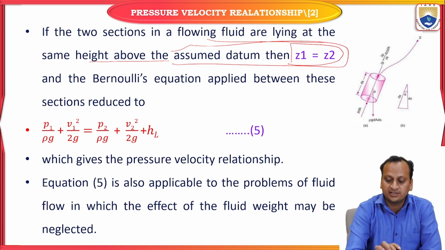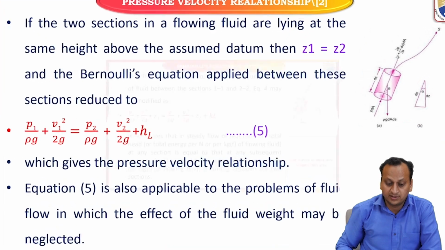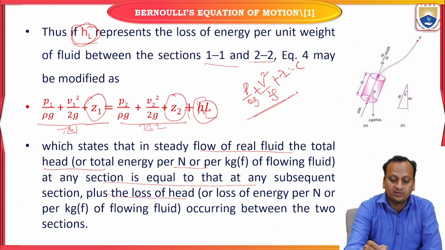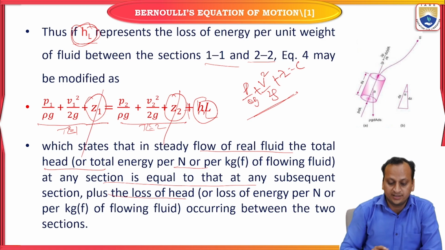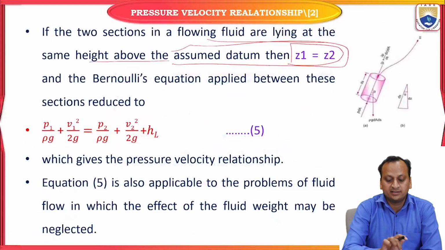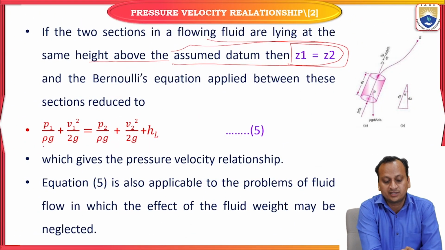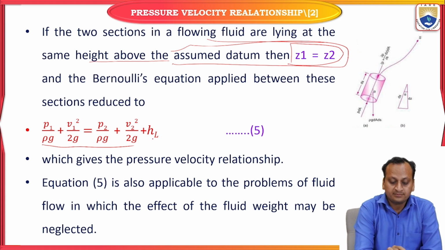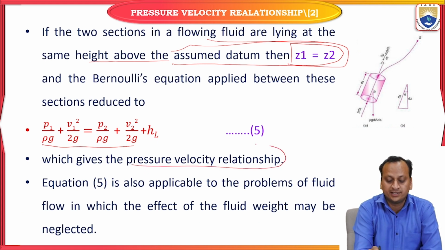So if you eliminate Z1, Z2 from this equation as the datum is constant, the remaining Bernoulli's equation can be written like this: P1 by rho g plus V1 square by 2g equals P2 by rho g plus V2 square by 2g plus HL, which gives the pressure velocity relationship.